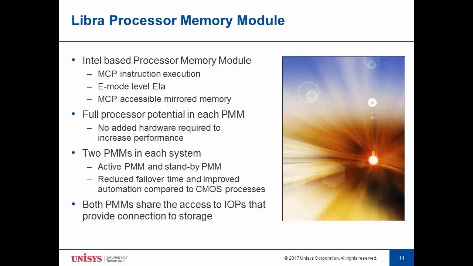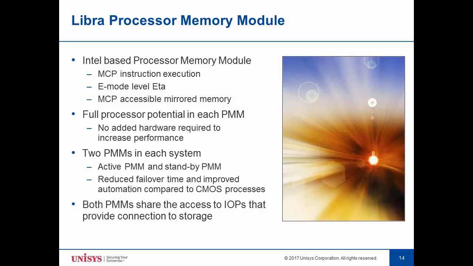There actually are 2 PMMs included with every system. One's an active PMM and another is a warm standby PMM that's constantly monitoring the health of the main PMM, and if needed, can take over in an automated fashion to reduce the failover time in the unlikely event that something happens to the primary PMM.